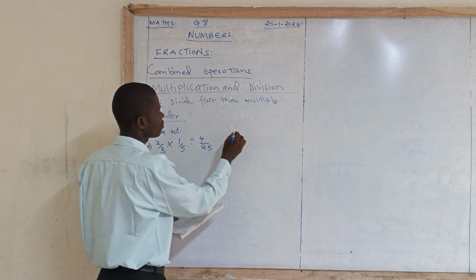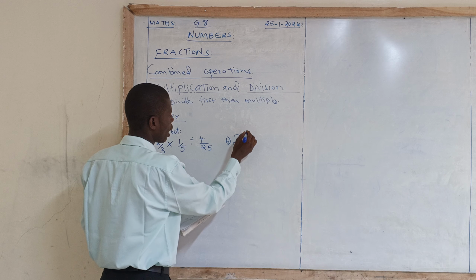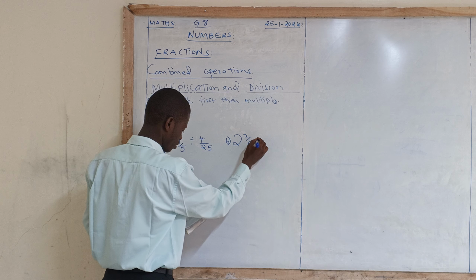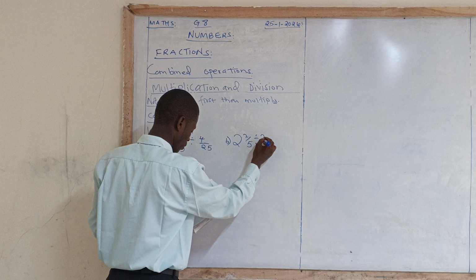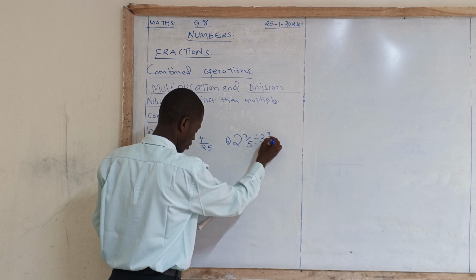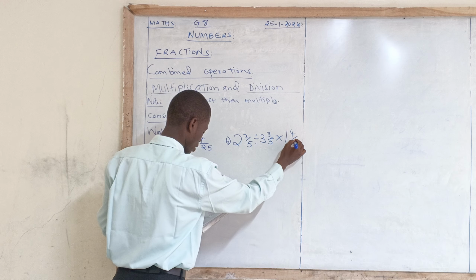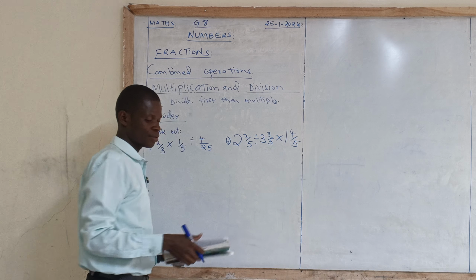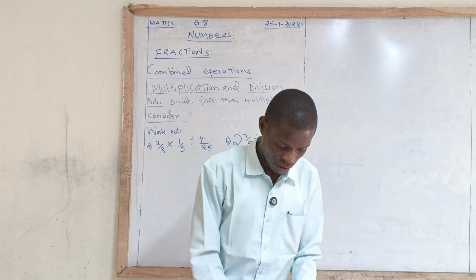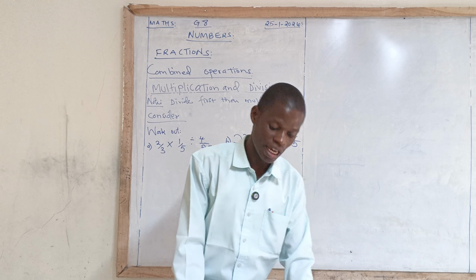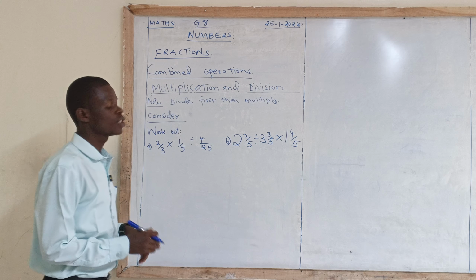B. I have 2 and 2 over 5 divided by 3 and 3 over 5 times 1 and 4 over 5. That is what we are considering. These two fractions.